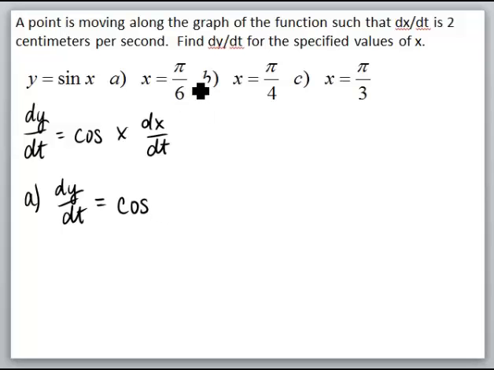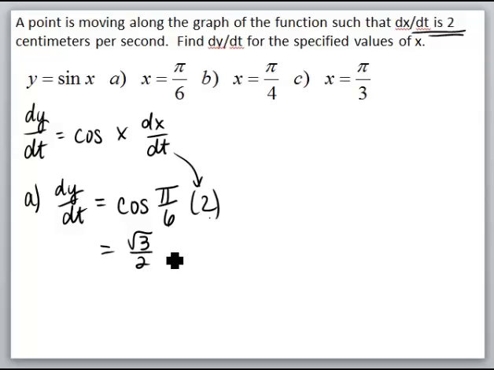The x they want me to use is pi over 6, and I know that dx over dt is 2 from the instructions up here. So I'm going to plug in 2. The cosine of pi over 6 is the cosine of 30 degrees, which is square root of 3 over 2. I'll multiply that by 2, and I'll end up getting the square root of 3 for part A.